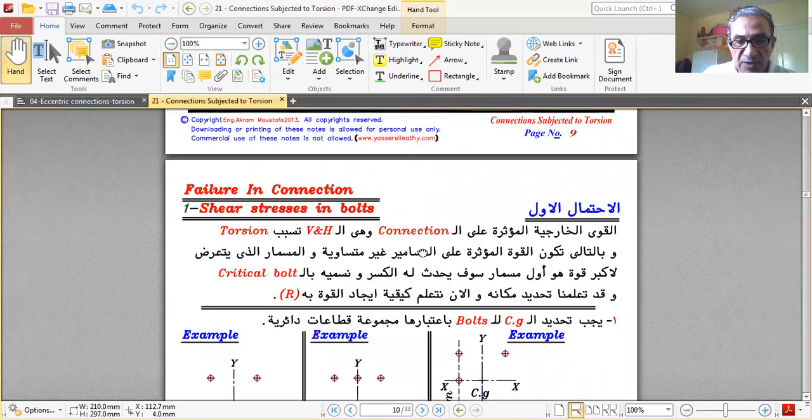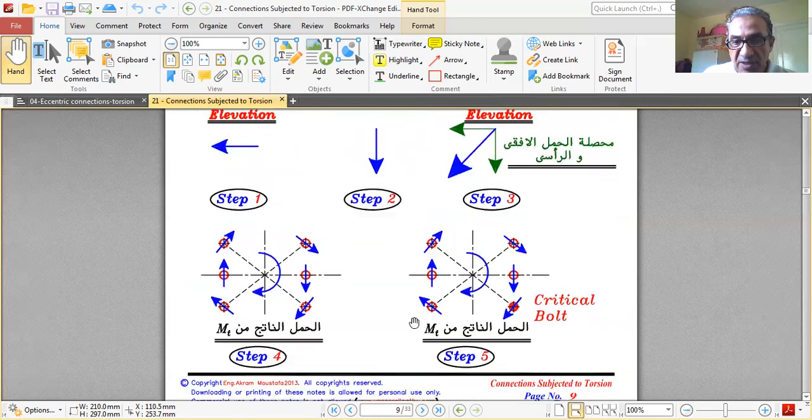Over here we have a critical bolt, which is this one, which has the force coming from the resultant adding to the force coming from the torsion. All the bolts have the force in this way from the resultant. This one has two forces, the one coming from the resultant, B and H, and the one coming from the torsion moment M, and they add up, so this is the critical bolt.